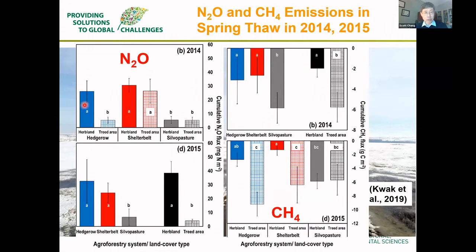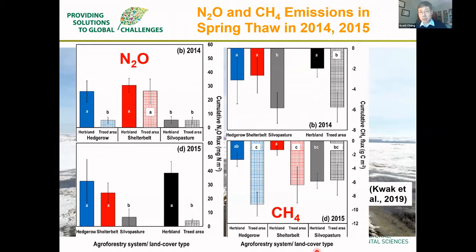But in the hedgerow, there was a greater nitrous oxide emission in the herbland or in the annual cropping system. In 2015, there was no interaction between the agroforestry system and the land use, so we were only evaluating the main effects. And obviously, the nitrous oxide emission in 2015 during the spring thaw was much higher in the herbland than in the tree area.